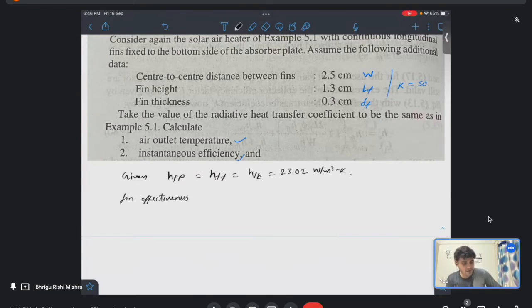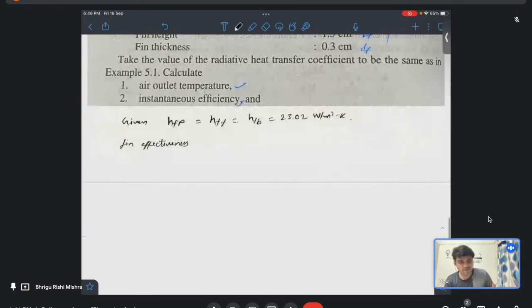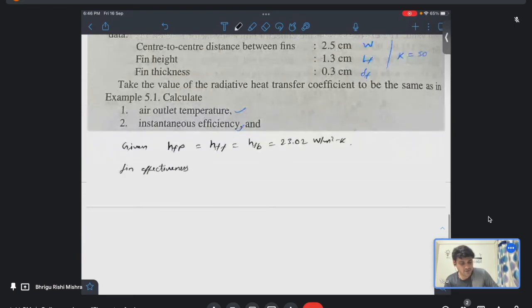So I'm taking these values as given quantities and then calculating the further parameters required to calculate these two quantities. First one is the fin effectiveness.